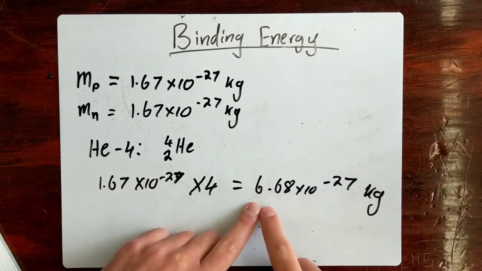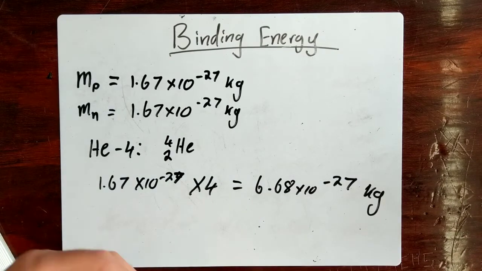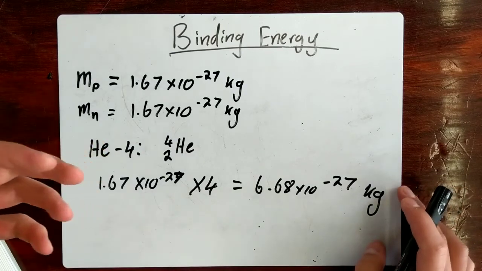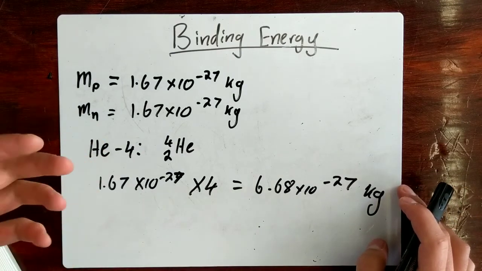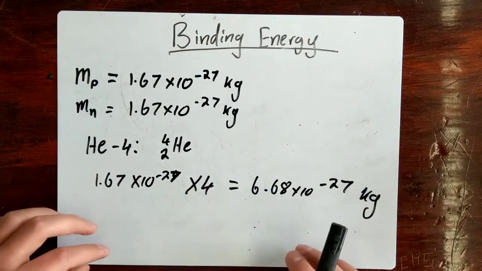So that number there, 6.68 times 10 to the negative 27 kilograms, is what we would expect the mass of a helium nucleus to be. That's what we expect it to be based off the things that make it up, 2 protons and 2 neutrons.